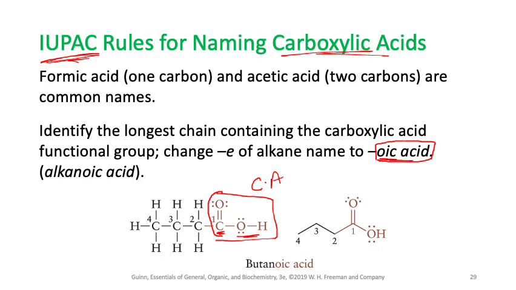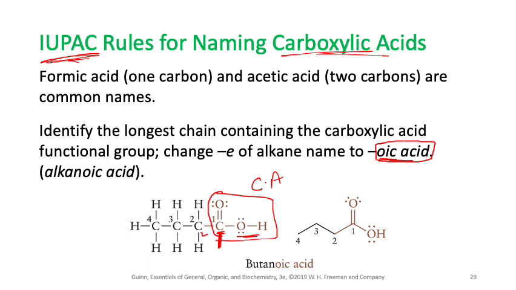If you see clearly, this carbon is already a part of the carboxylic acid group, so we can start from this carbon as number 1. This is a terminal carbon, right? So make sure you include the carbon in a carboxylic acid, a carbon in a ketone, a carbon in an aldehyde, because every carbonyl group has a carbon, right?